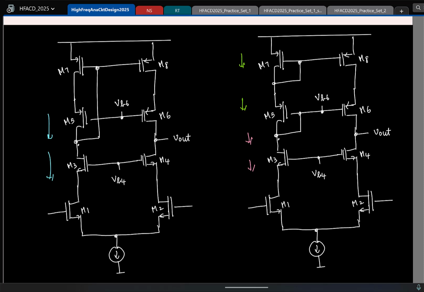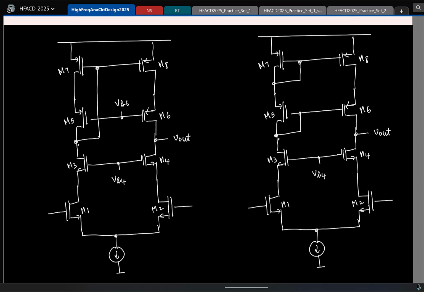This is also something you can do to generate the bias voltage. Okay. Again, both of them seem to be doing the same job of biasing the circuit, but we'll compare it towards the end of the class and see what the pros and cons of each are. Okay.